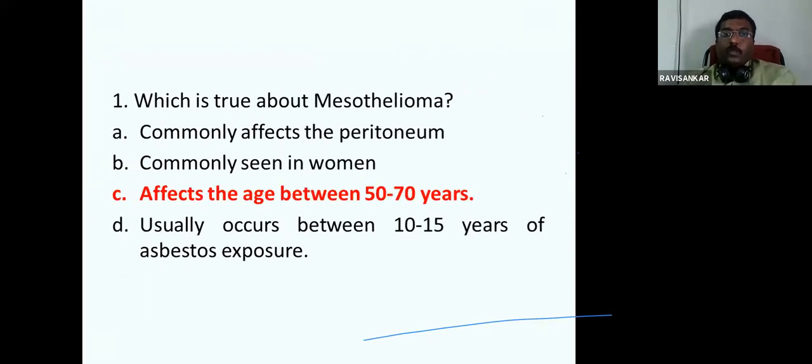So commonly, it affects the pleura. It is commonly seen in men. Usually affects the age between 50 to 70 years of age. Usually occurs 25 to 40 years after the asbestos exposure. Clear?